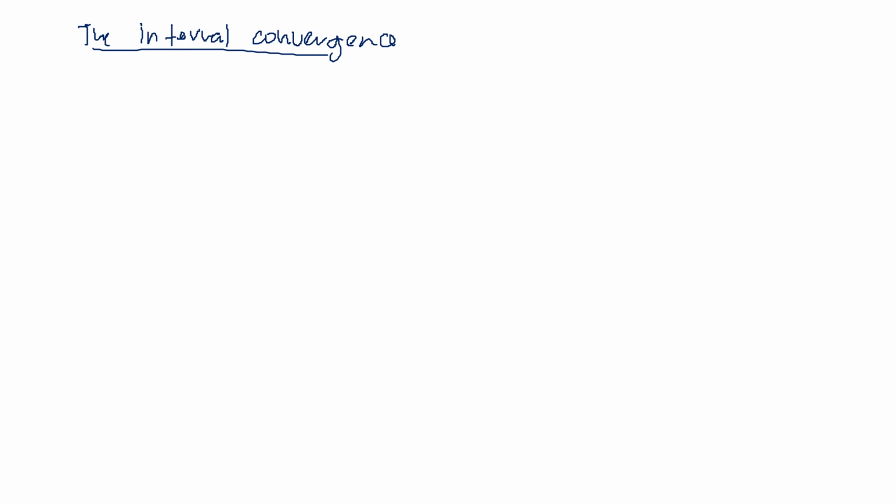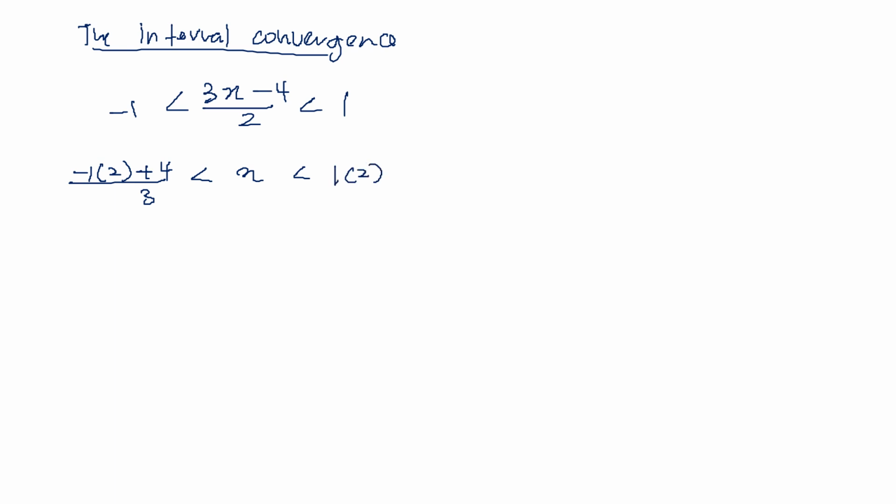So the inequality that we have is 3x minus 4 over 2 between negative 1 and 1. So you have to solve this one: negative 1 times 2 plus 4 over 3 less than x. You have to solve for the left and right hand sides: 1 times 2 plus 4 divided by 3.